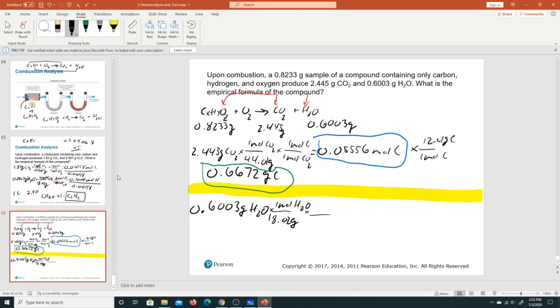Just like the last example, for every 1 mole of water, we have 2 moles of H. So we'll do the calculation here and mark it in blue. 0.6003, divide that by 18.02 times 2.